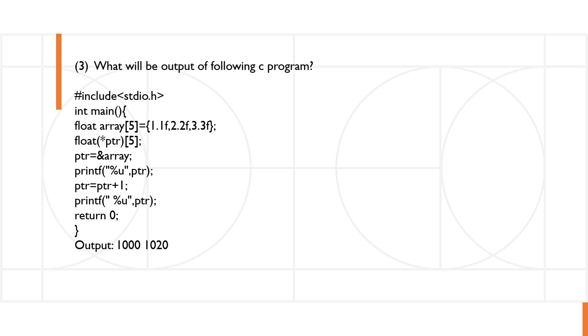Here, ptr is pointing to an array of 5 floats, and a float type is 4 bytes. So 4 into 5 is 20. So it increments by 20 for ptr = ptr + 1. That means it would be 20 plus 1000, that equals 1020.